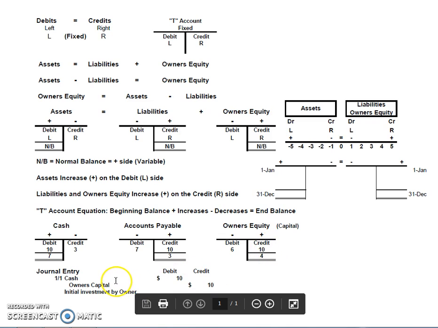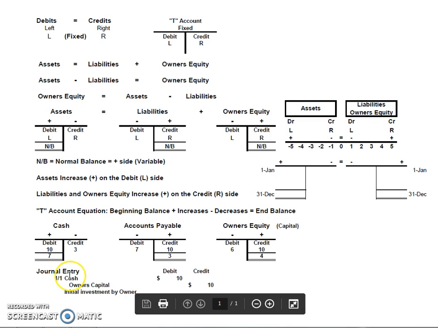So here's a journal entry. It's showing the date, cash was debited for $10 and owner's capital was credited for $10, and this is an explanation: initial investment by owner. Notice owner's capital is indented.